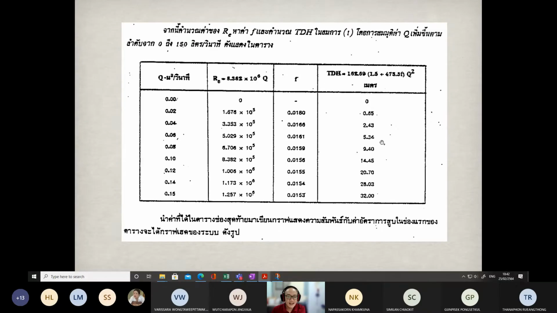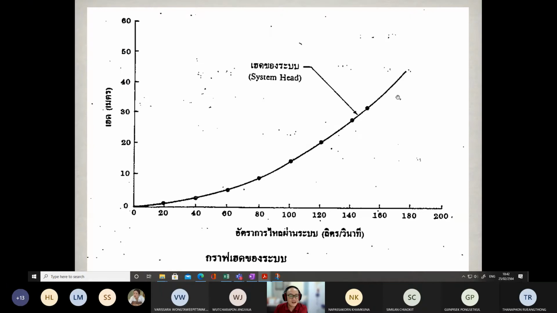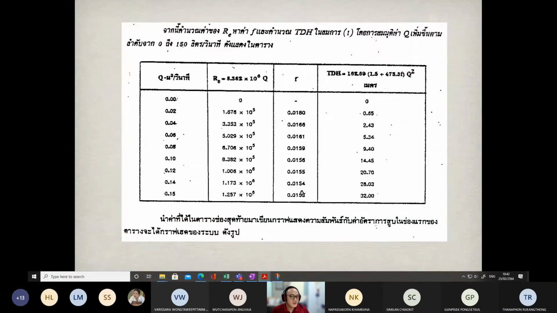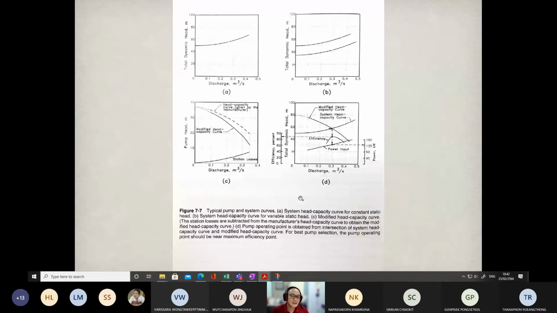Then for the TDH at each flow rate, we determine it from the equations. At the end, we will get a curve that looks something like this. This is the curve that we obtained from the Darcy-Weisbach equation, which is a little bit complicated.